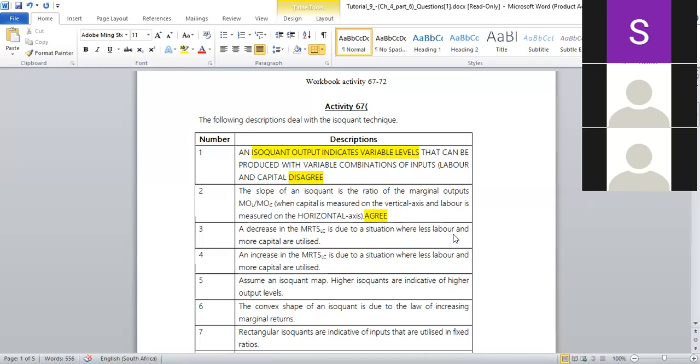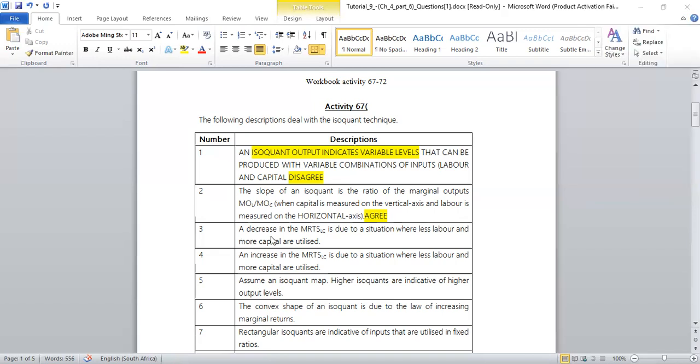If less labor is employed, which means marginal output of labor will be more, then if more capital is utilized or employed, the marginal output of capital will be less, which means there will be an increase in the marginal rate of technical substitution. So when it comes to number 3, we disagree.